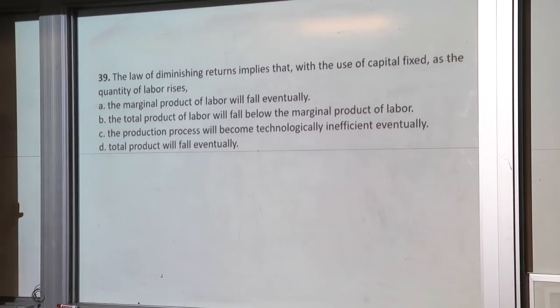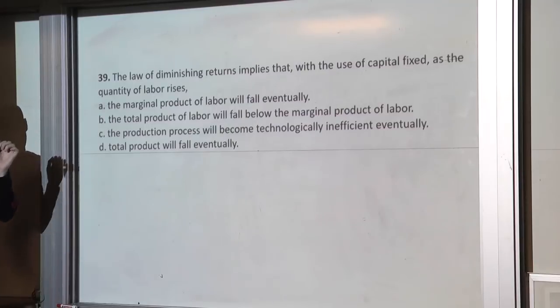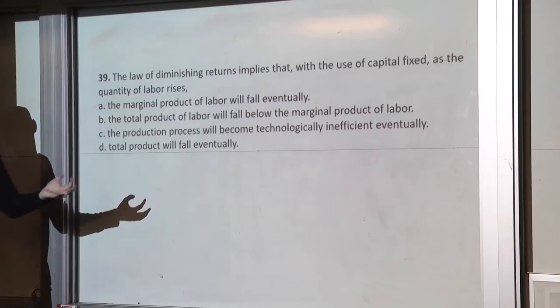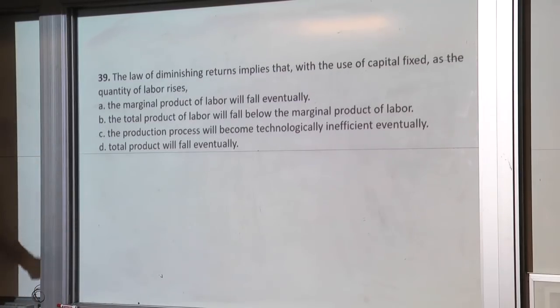We're going to fix the number of McDonald's to 1, and we're only going to change the labor. When I add my first person, that might increase my product of labor. In other words, that person might be able to produce 3 burgers by themselves. If you increase it to 2 workers, they might be able to create 6 burgers, or let's say 8 burgers, because they can work in tandem.